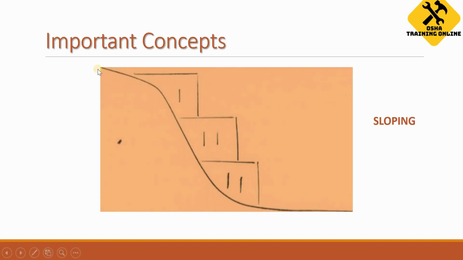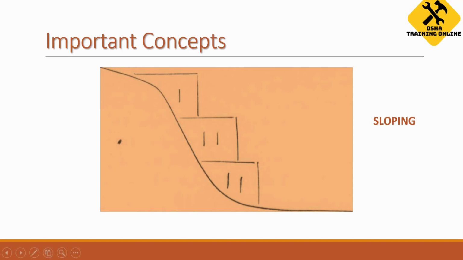It would be in this kind of sloping. If the worker is working here, the soil may not break and fall down on him because it is made in the sloping position. It is also a kind of shoring, but this time it is made inclined so that the soil may not fall down from it.